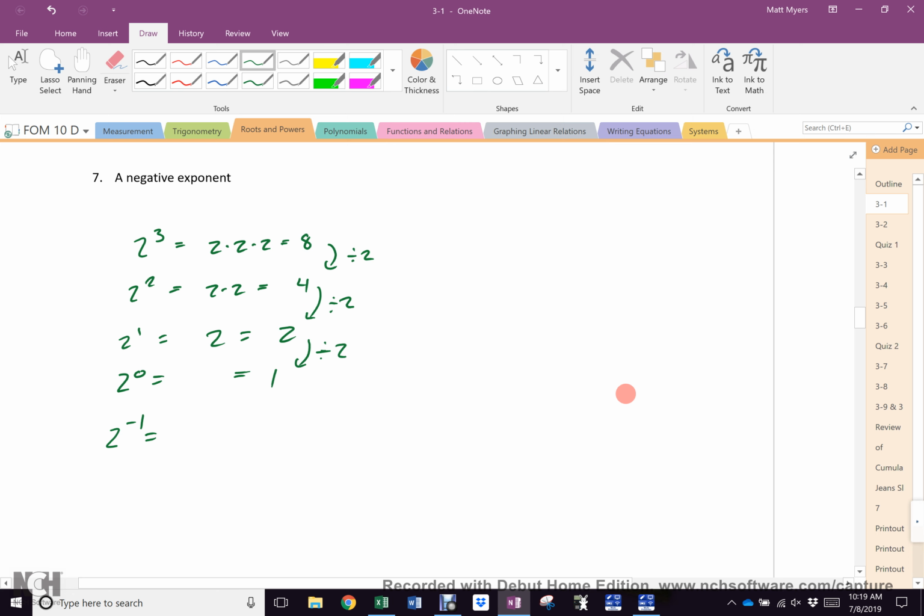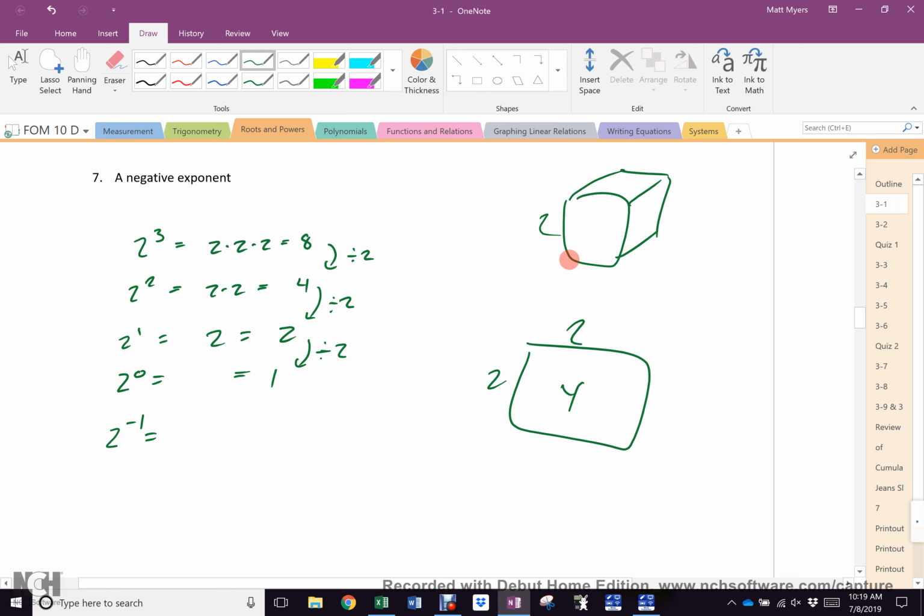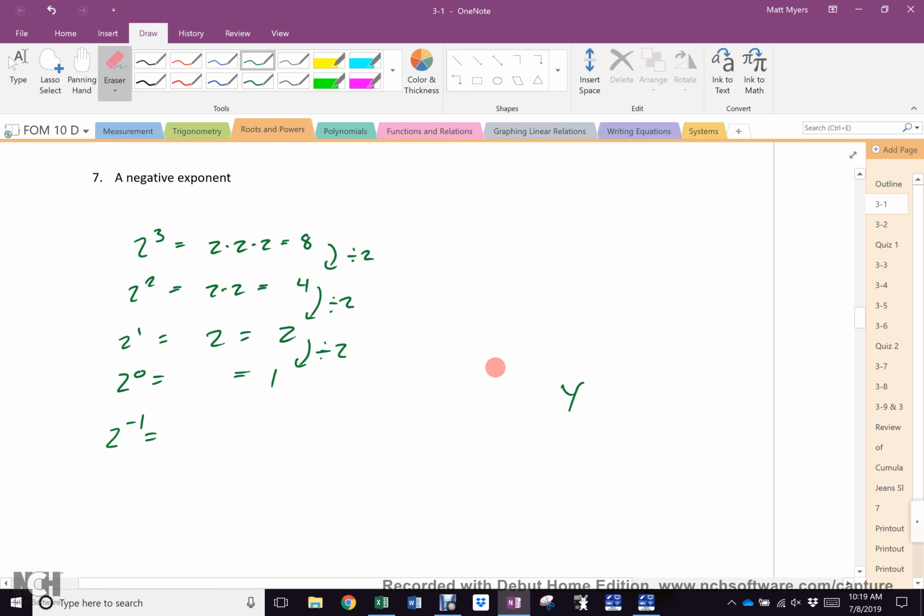Can you draw this? Can you make me a square that will show me this? Because you can do 2 and 2 to get 4, right? You can do a cube, 2, 2, 2 to get 8. Easy peasy, yeah? Can you draw 2 to the negative 1? Yes or no? No, because it doesn't exist. 2 to the negative 1 is not a thing. You cannot explain it. It doesn't work in our universe.